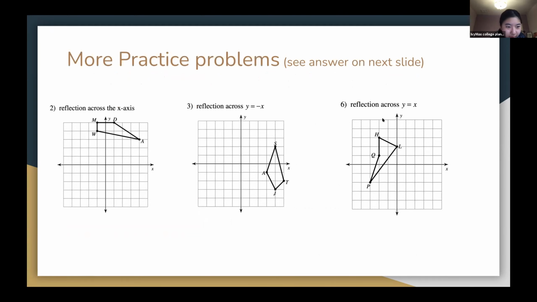First one, reflection across the x-axis. Here is the x-axis, right? You guys already know.